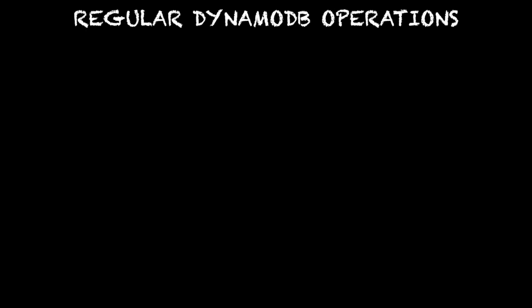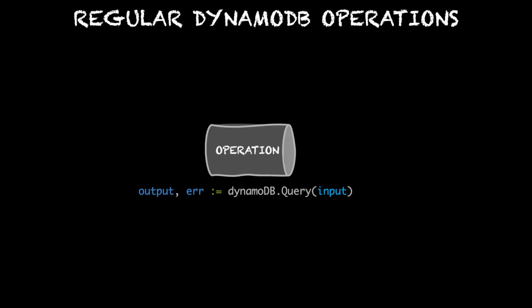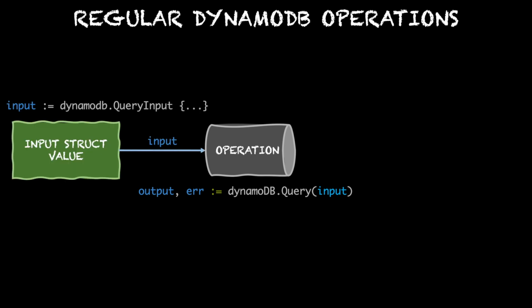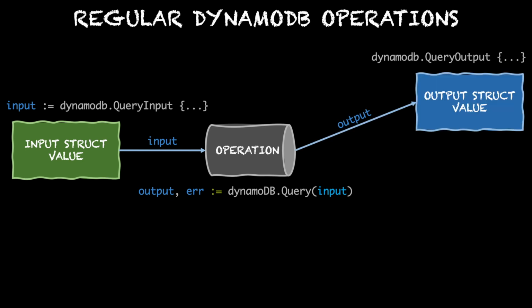The DynamoDB value has a method for each DynamoDB operation type. For example, the query operation in this case. In turn, each operation expects a specific type of input value, which we use to define the operation's parameters, and a specific type of output value, which we use to obtain the operation's results.